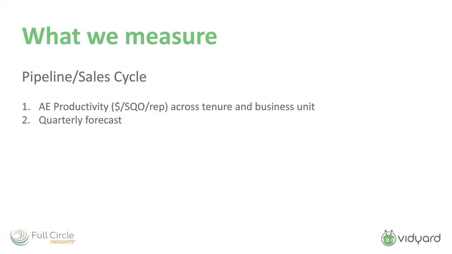And what that basically tells you is, given a set of opportunities, let's say, for example, the opportunities created in September owned by a particular rep, of those opportunities, how much revenue has that rep been able to extract out of them? And where this becomes really important to look at is, first of all, as a rep becomes more experienced, you're going to expect them to be able to extract more revenue out of a similar size of opportunities.